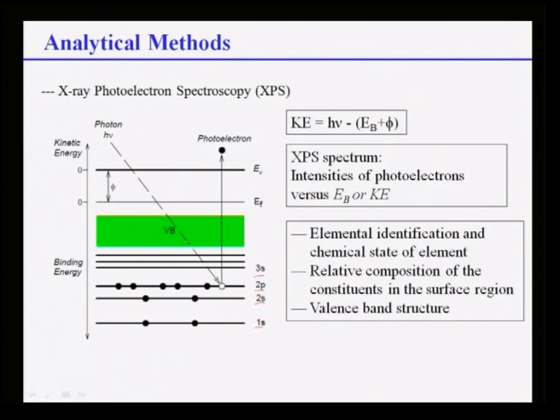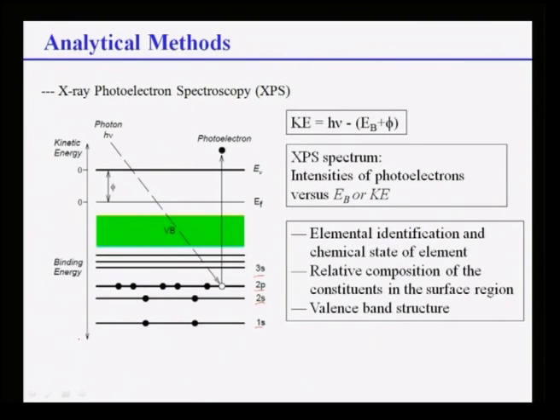After that you have a Fermi level. Below the Fermi level all the energy levels are occupied by electrons, and then you have EV at a higher level. The difference between EV and EF, phi, is known as the work function, as you know from Einstein's theory. So this is what is called kinetic energy, and this is what is called binding energy.